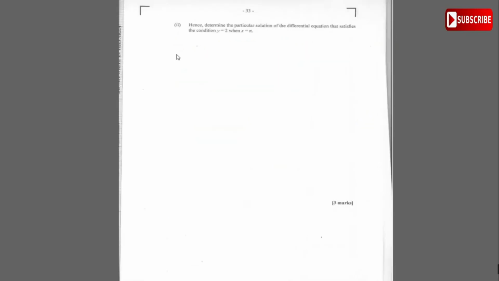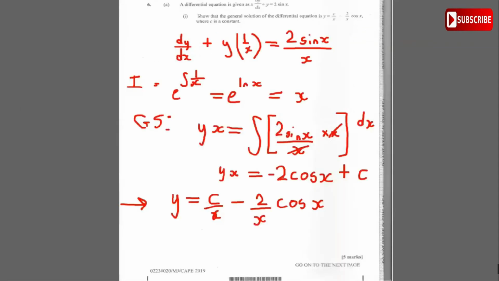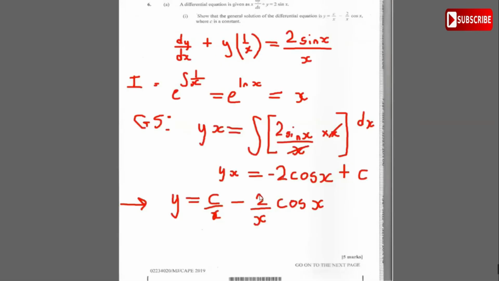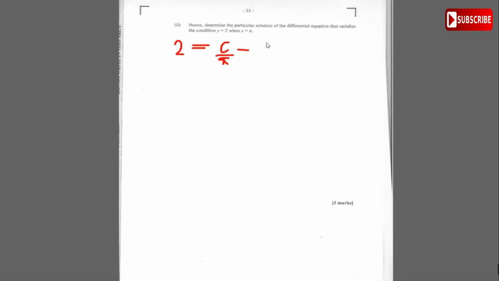Plugging in x as pi, it's going to be c over pi minus 2 over pi times the cosine of pi.